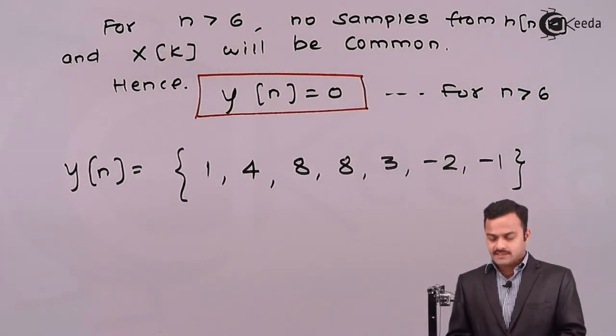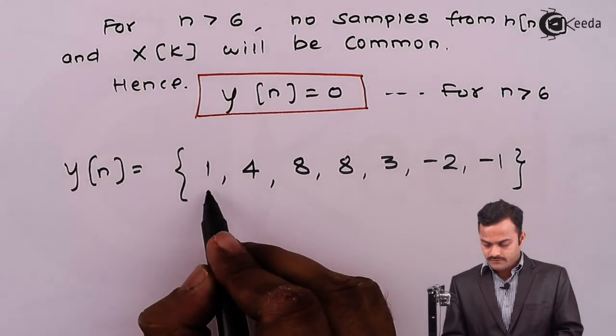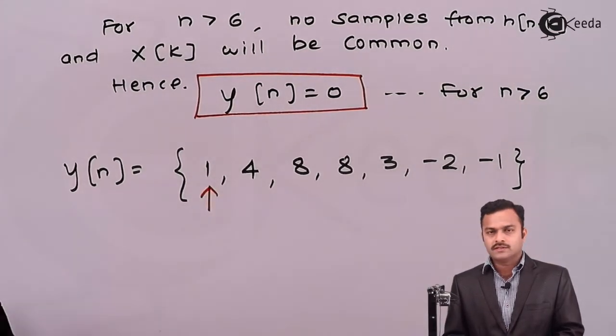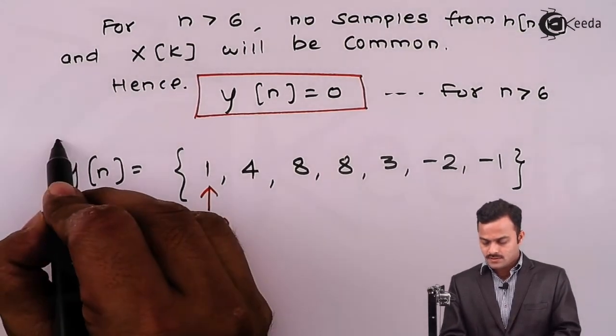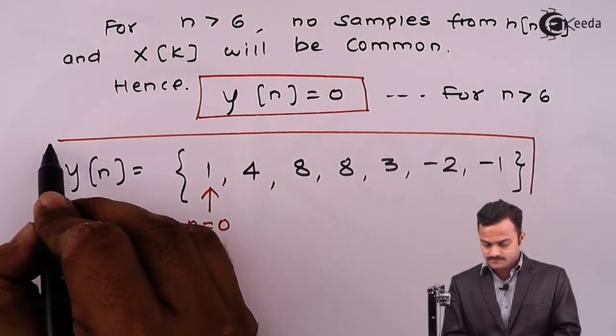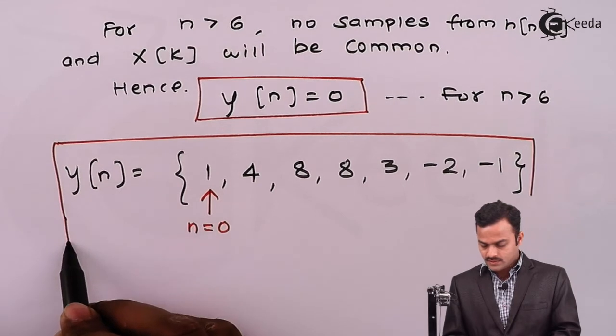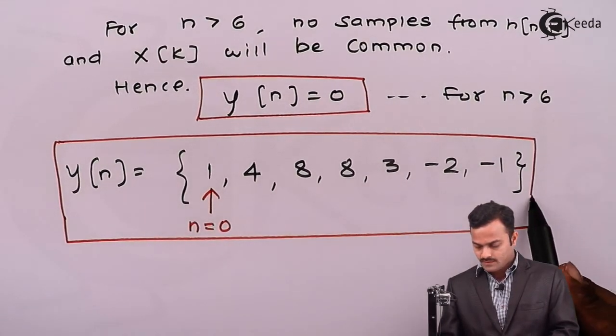Since both the signals have the origin at the first instant only, y of n will also have the origin at the first instant. So this is the complete answer using the convolution sum formula.